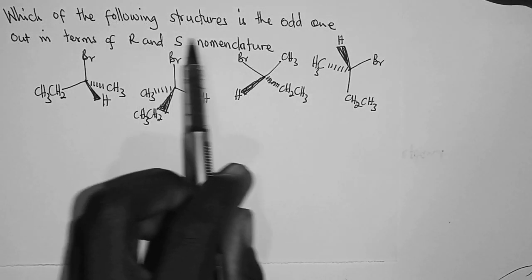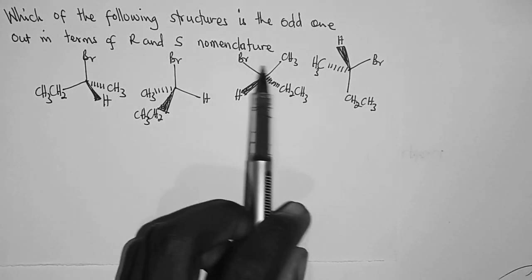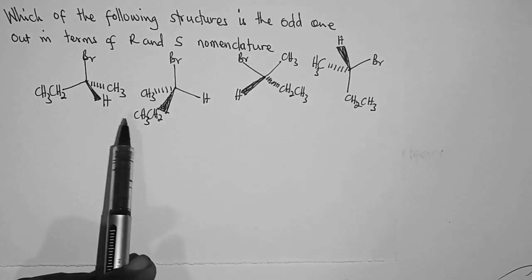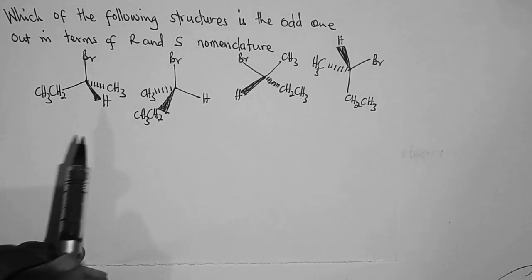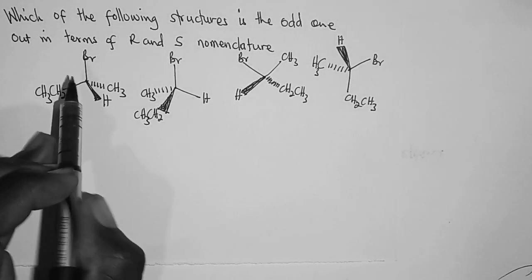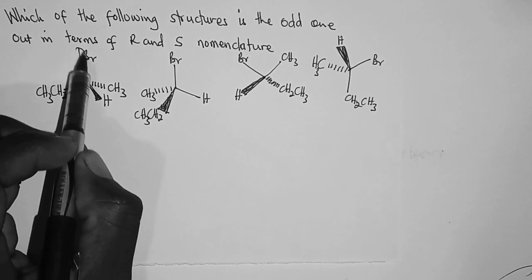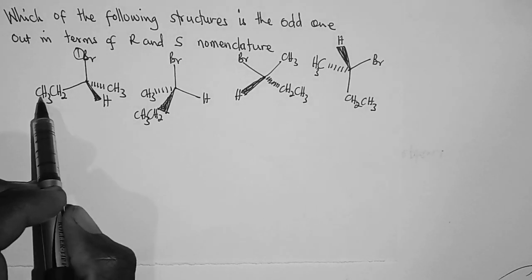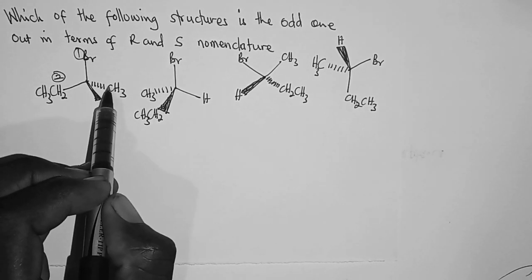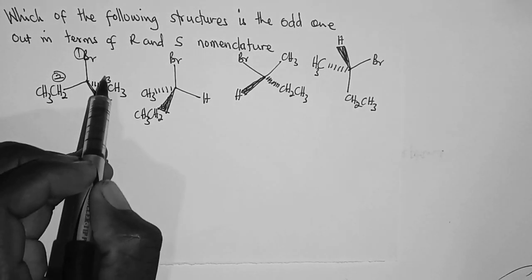Which of the following structures is the odd one out in terms of R and S nomenclature? So let's determine the configuration of these molecules. Now, with this one, you can see that in terms of atomic number, the highest is the bromine. So bromine is number 1, followed by this methyl group, number 2. And then the ethyl group, number 2, and then the methyl group is number 3.